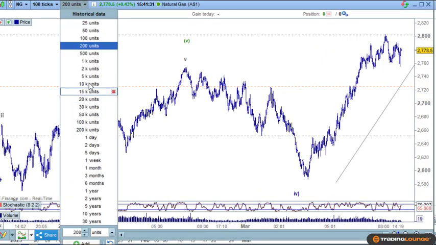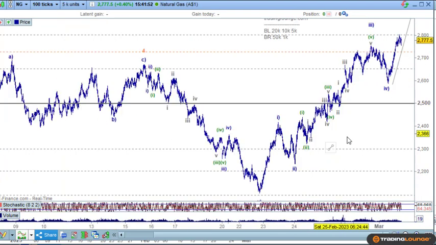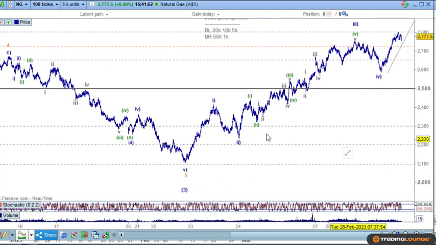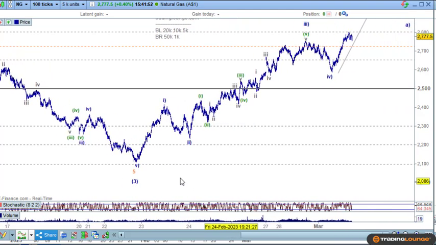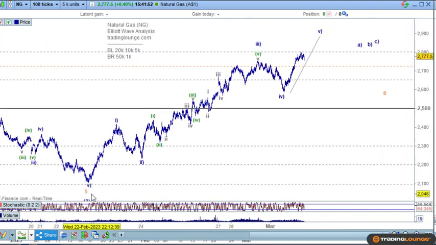So let me get in some more data here. 5 should be enough, yeah. So that's the low that we'd been looking for, and so on and so on. So we've got wave 1 and 2, and then we've got 3 and 4 here.